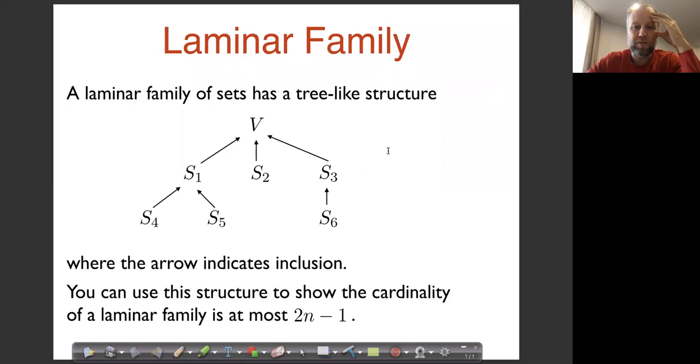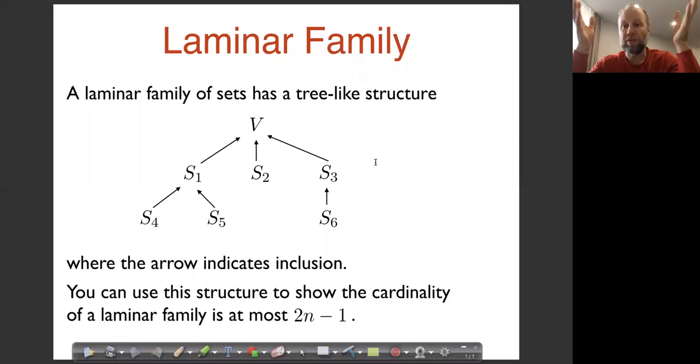Okay, so just to reinforce this idea, we can look at a picture. A laminar family can always be represented by this tree-like structure. So here an arrow indicates inclusion. Here I have the universe V. So S1, S2, S3 are disjoint. Okay, and then I have some sets that are subsets of S1. A set here is a subset of S6.